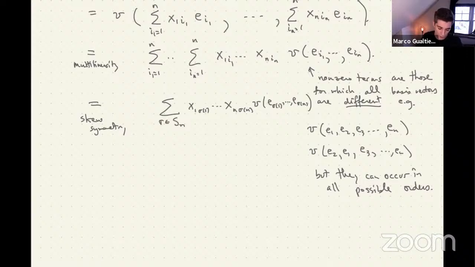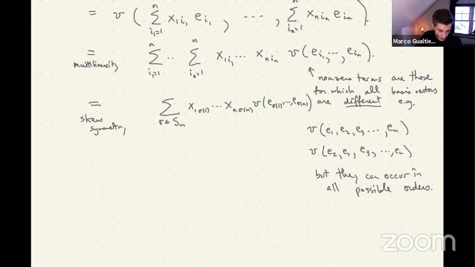So you see, what I did was I just simplified this multiple sum by saying that because the non-zero terms have to be different, it's basically just the list of numbers from 1 to n, except that it can be permuted. So I'm going to sum over all permutations of this expression.